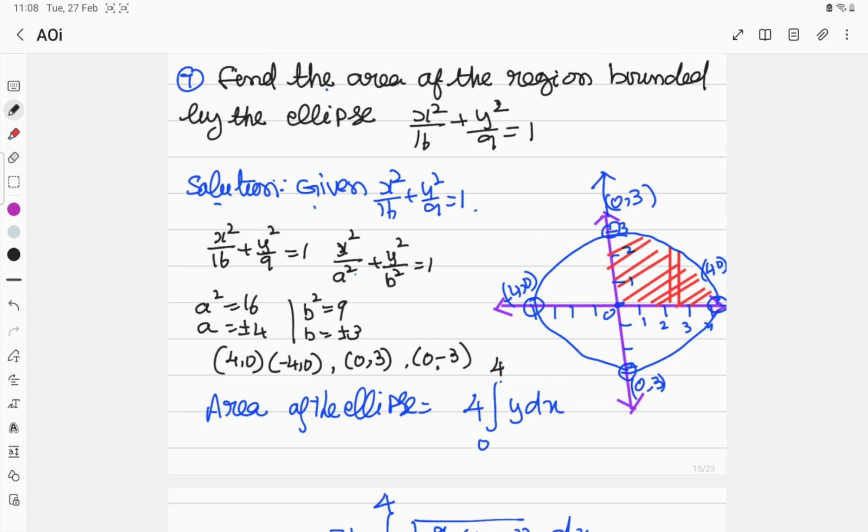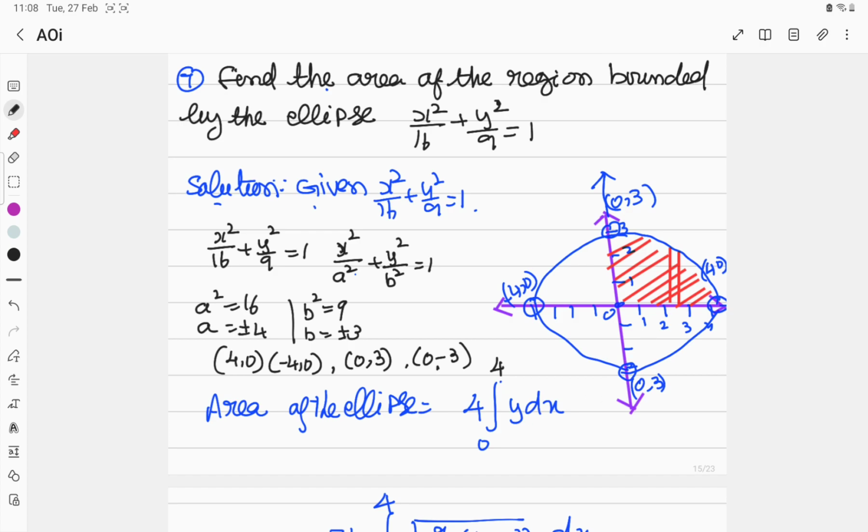Find the area of the region bounded by the ellipse x²/16 + y²/9 = 1. It is in the form x²/a² + y²/b² = 1, where a is equal to ±4, b is equal to ±3. Draw the curve.